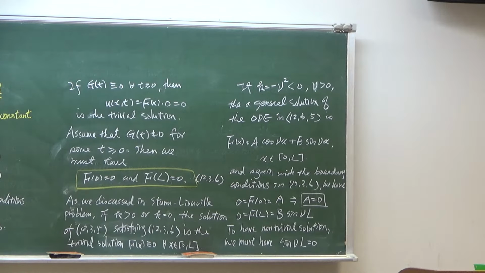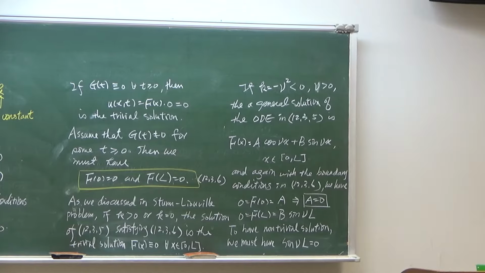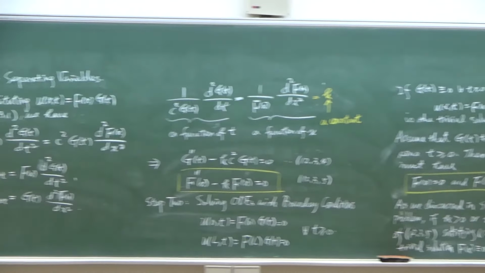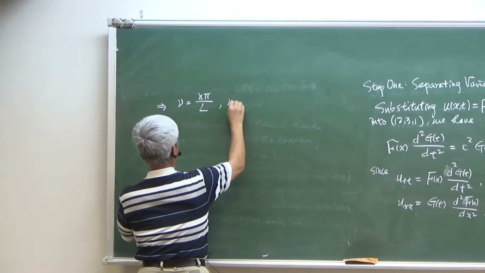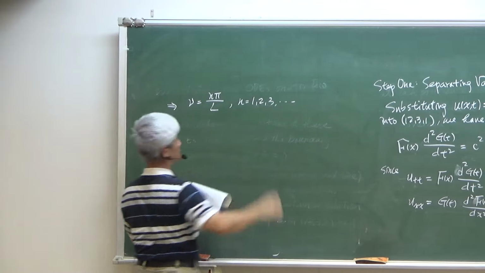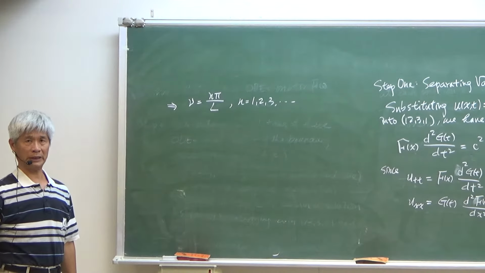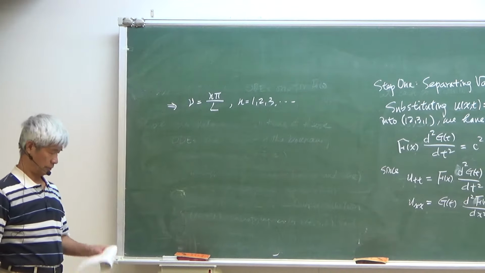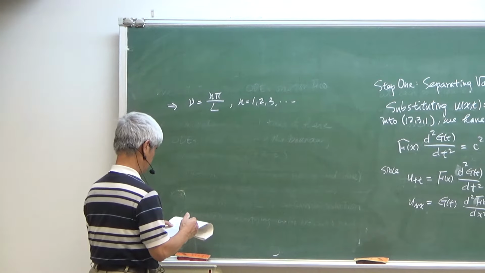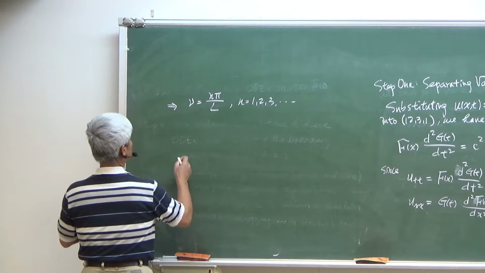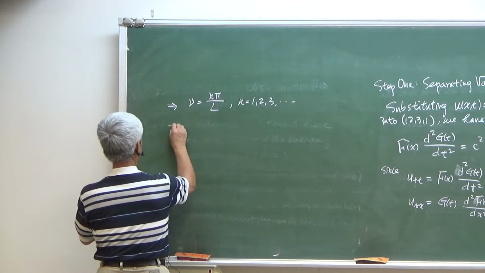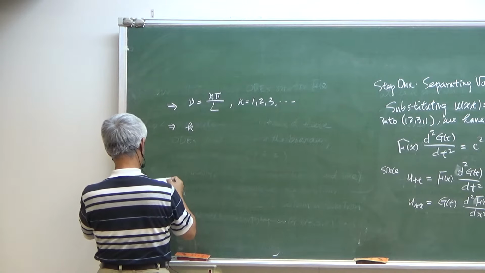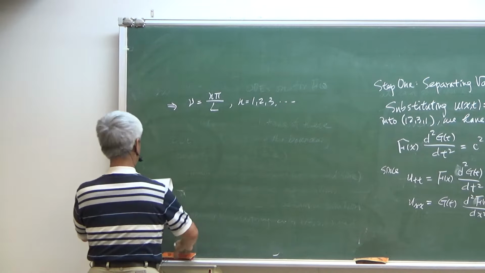So as before, this implies that mu must be equal to n pi divided by L, n equal to 1, 2, 3, etc. This is the only way we can have a non-trivial solution. And so that's k.